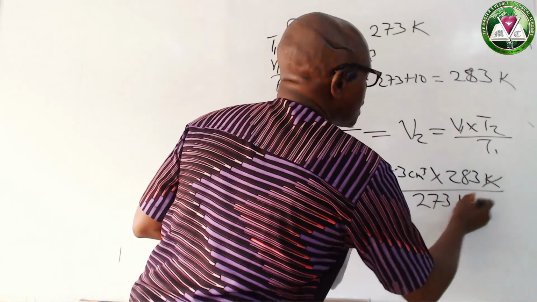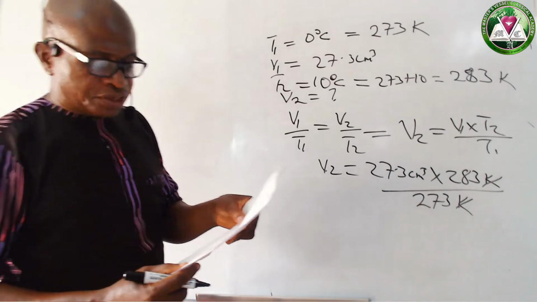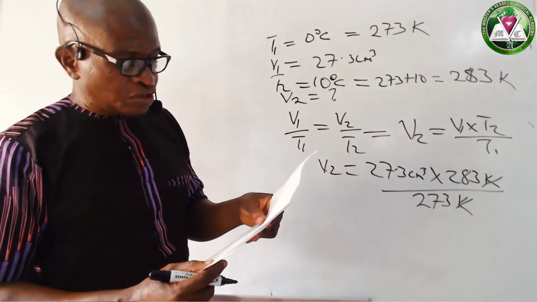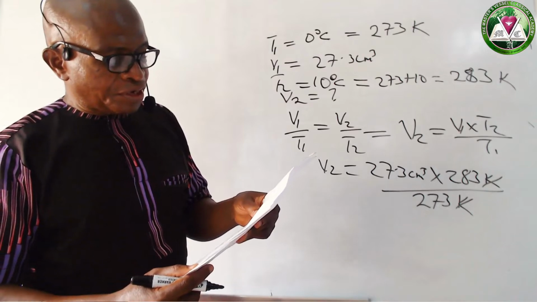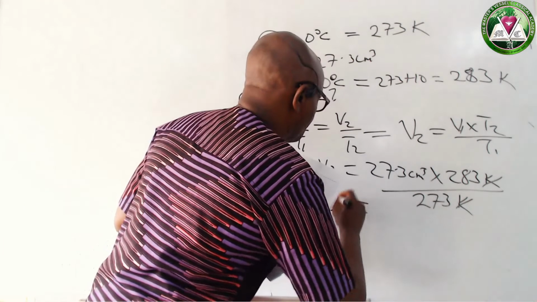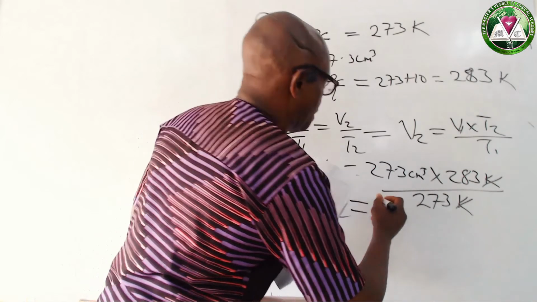Kelvin cancels Kelvin. Then finish it on your own. Use your calculator and finish it. You discover that the answer is 28.3 cm cube.